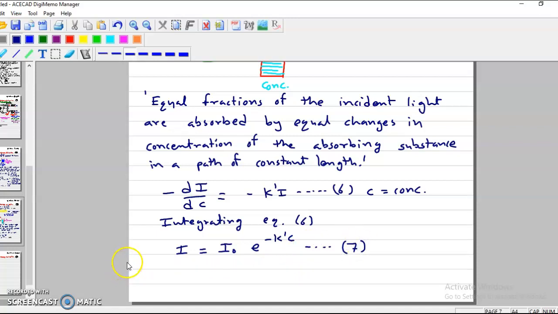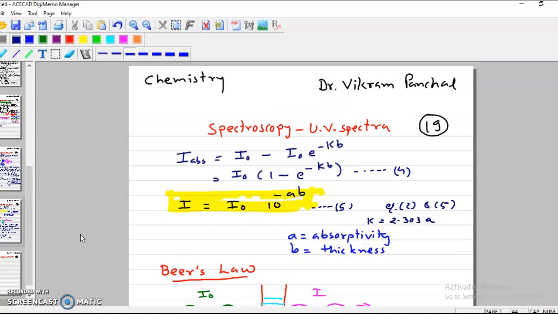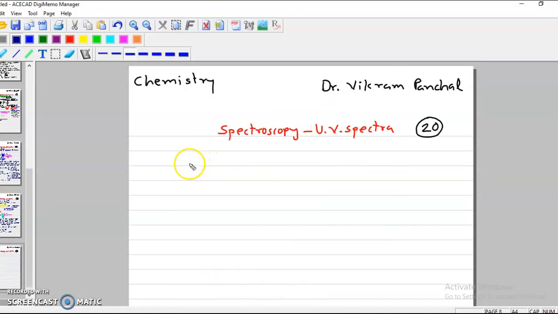Now, if we combine equation 5 and equation 7, then we have a new equation, that is I is equal to I0 e raised to minus kbc.